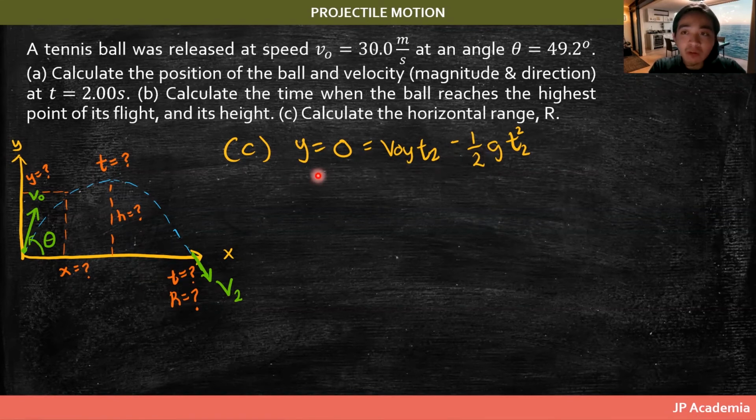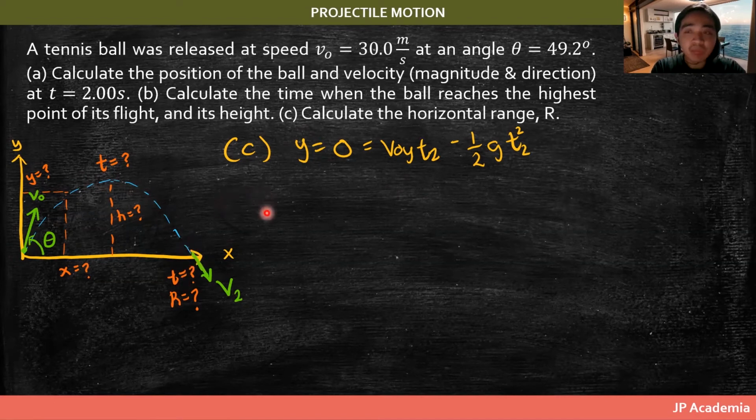We know na yung y naught natin ay 0 dahil nga nasa origin tayo nag-start. And given na gusto natin malaman yung time kung kailan babalik siya doon sa y is equal to 0. Kasi lumilipad yan di ba? So, nag-increasing y mo, then magdi-decreasing y mo hanggang sa bumalik siya sa 0.